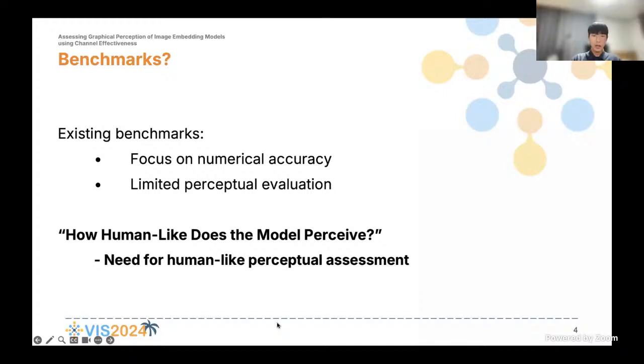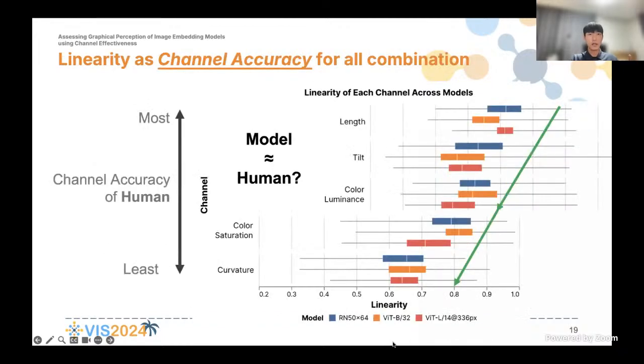In this study we tested single channels, such as just line width, just the length, or just color. But I think it's not fair to test that way. So the graph that I explained is the channel accuracy for all combinations.